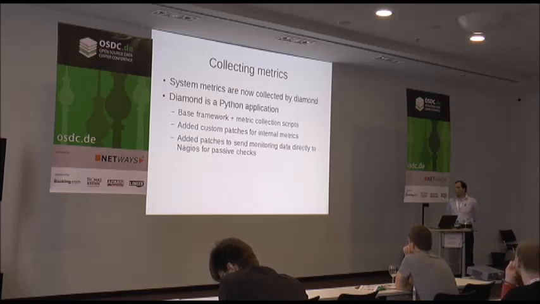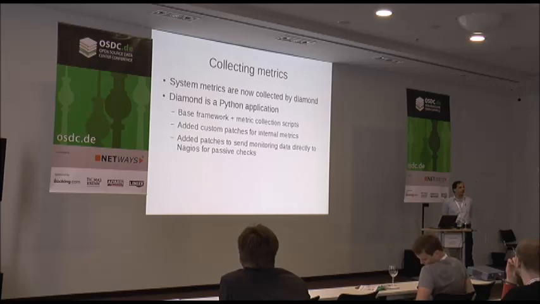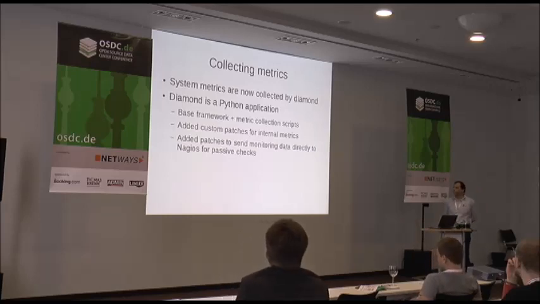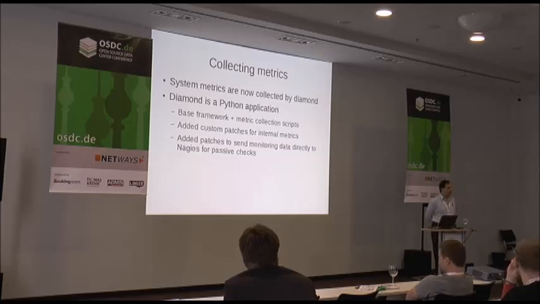And then at some point, we decided that, well, too hard to keep polling Graphite, send data directly from the collector. So we have rolling window updates for MySQL. It's a moving window of 30 minutes saying this is the replication delay, and so on. And then you send that to Nagios for passive checks.